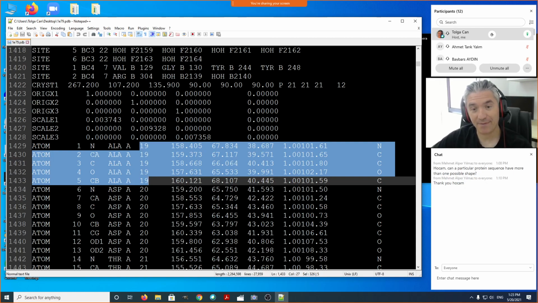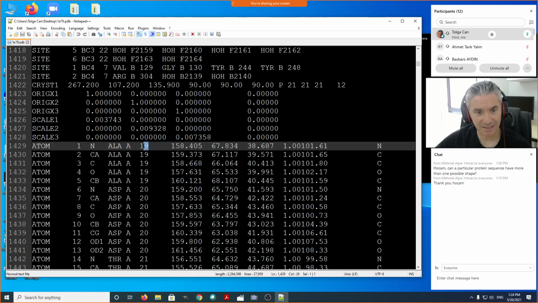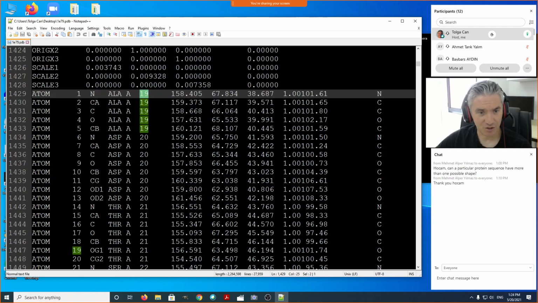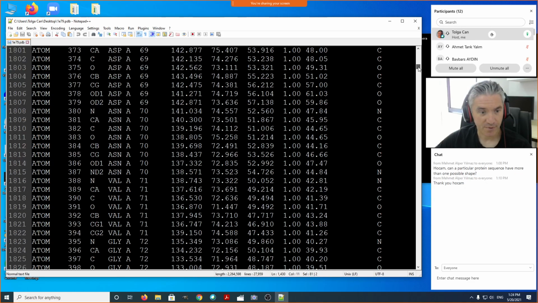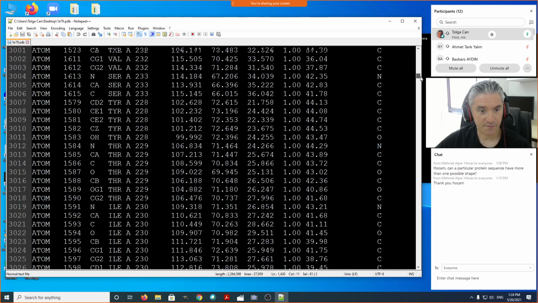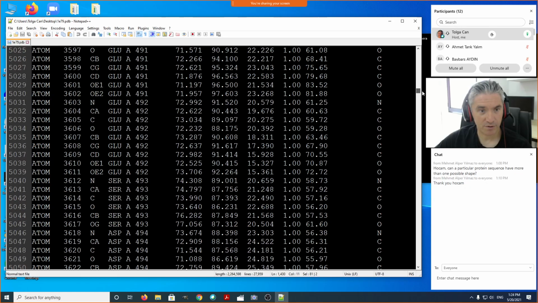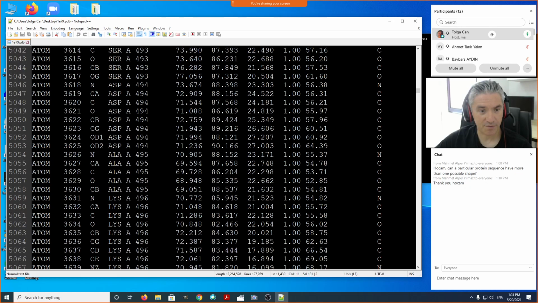So the first 18 amino acids of this chain have an unknown position. So the accurate positioning could be obtained after the 19th amino acid. I think this is the 19th amino acid in the chain. It's the amino acid ID, but each atom is also given a number here. In this first chain, let's go all the way to the end of the first chain.